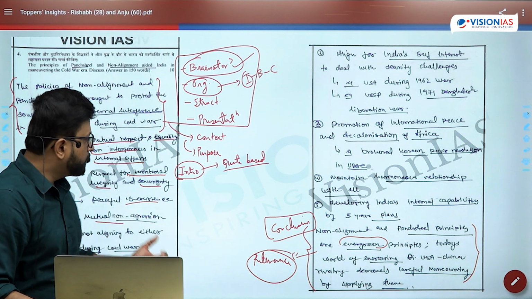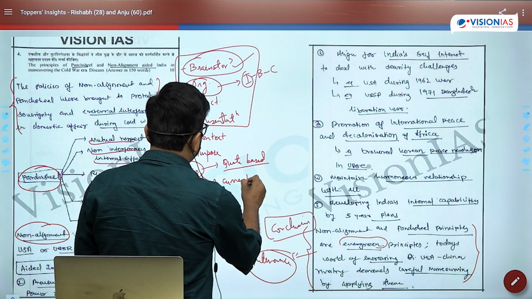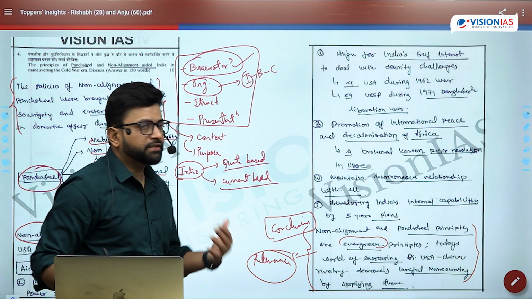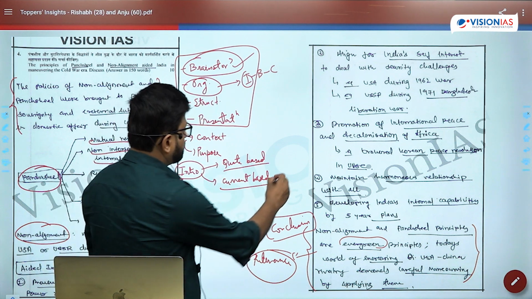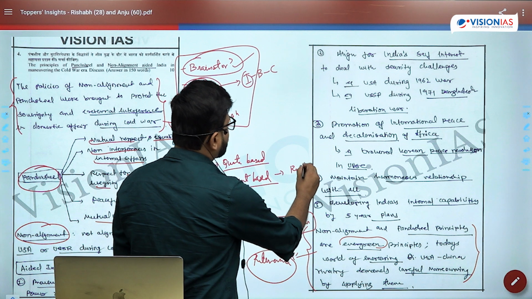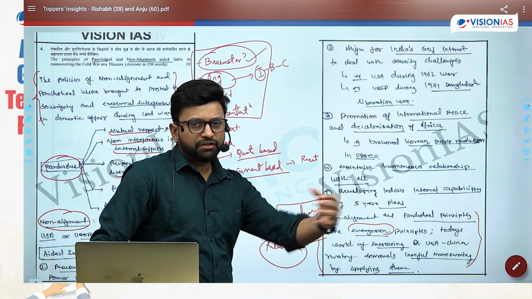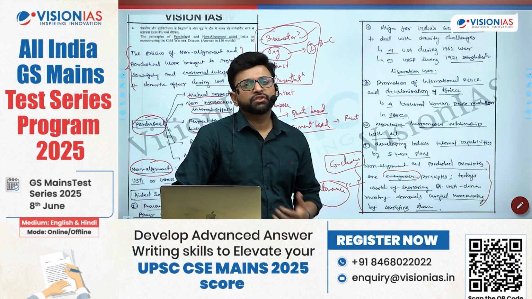Or you can talk about some current affairs-based introduction, whereby there has been a reset in the ties of India and China, right? So now you can say that it shows the enduring importance of the Panchsheel principle.